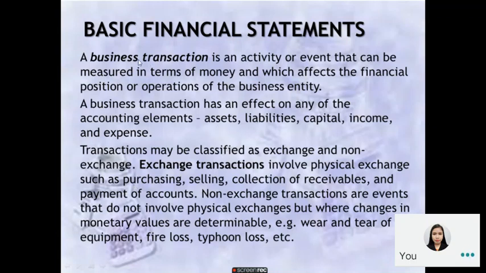On the previous topics that we have, I told you that a transaction must be determined if it has a dual effect, meaning there is a value received and there is a value parted.